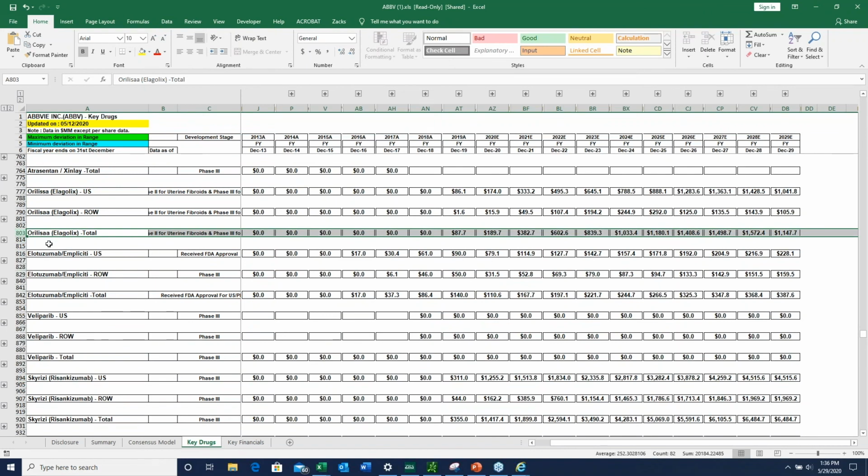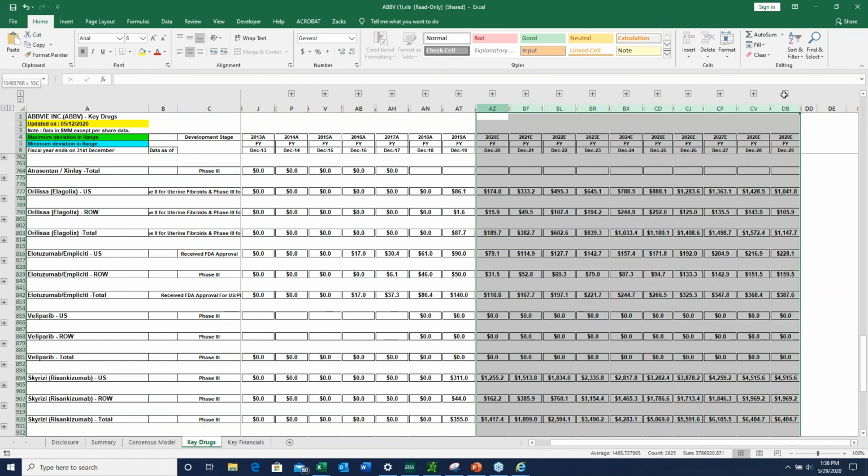Row 803, this gets into Orilissa, one of their drugs that's currently in phase 3 clinical trials. And I'm going to highlight this so that we can just look at the estimates right here. And you can see here that this specific drug is going to go from 189 million to 1.1 billion. So that's a pretty sizable increase.